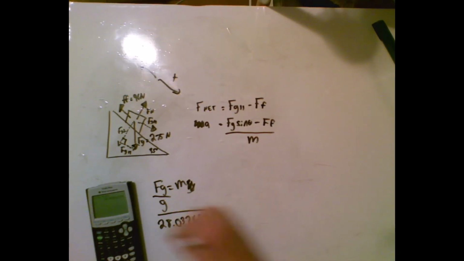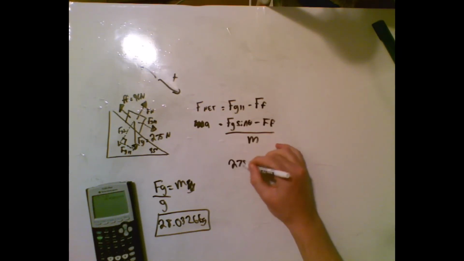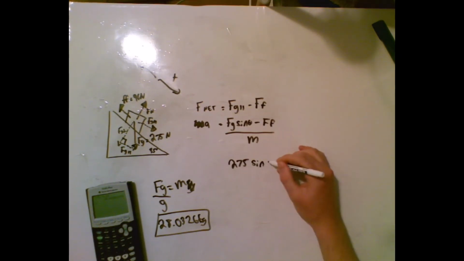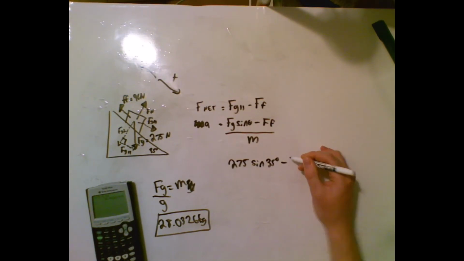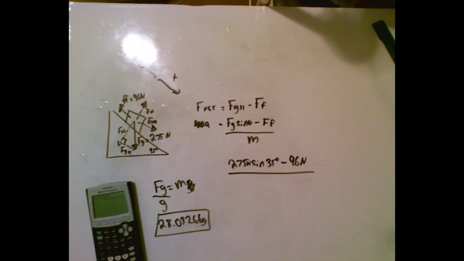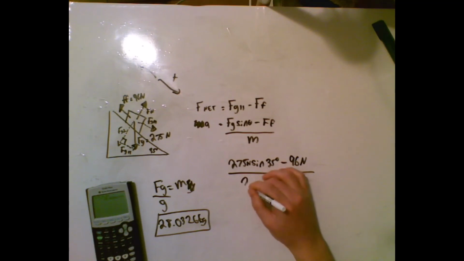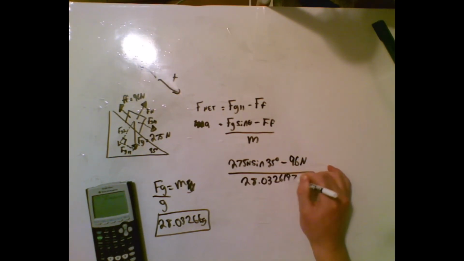So that's the mass I'm going to use. Now I have everything. My Fg is 275 sine of 35 degrees, and my force of friction is 96 newtons. And then my mass is 28.03261978.